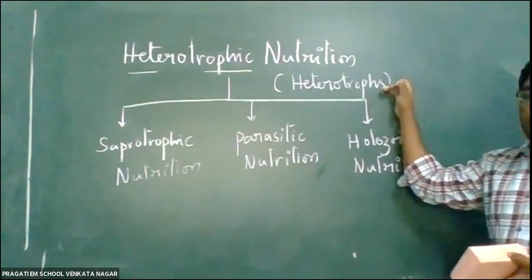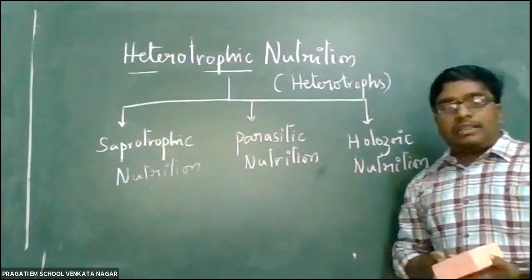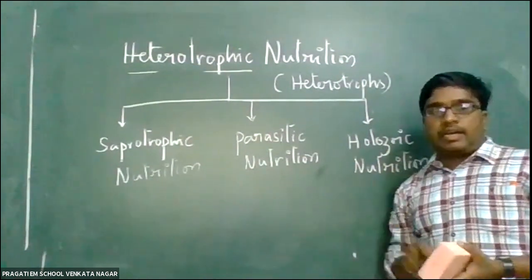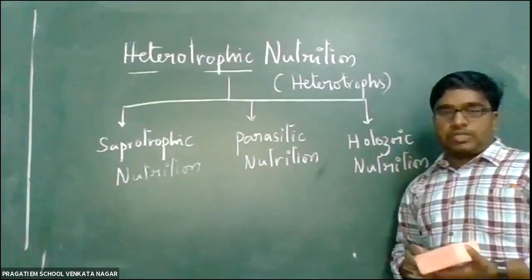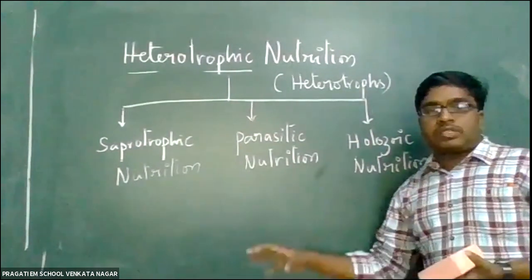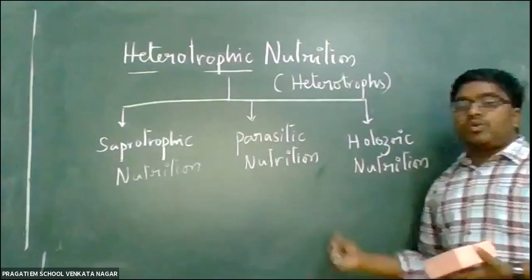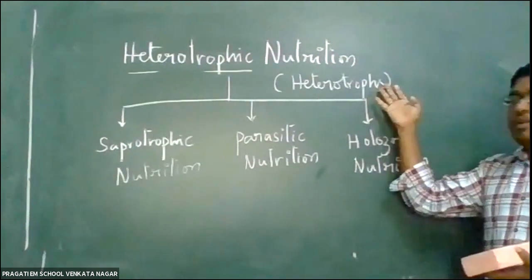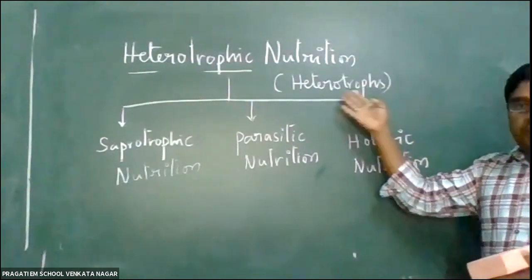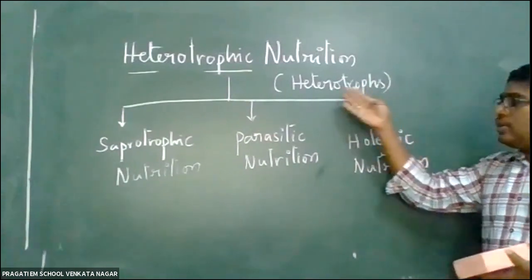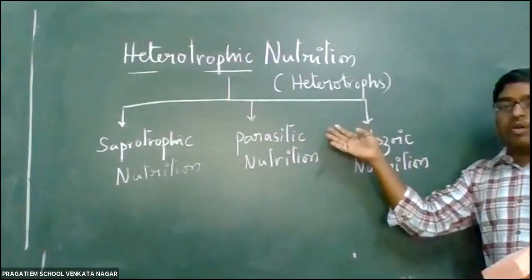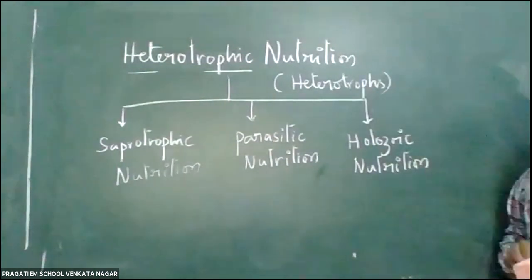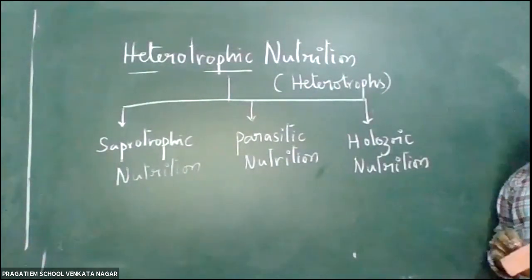Heterotrophs can obtain food from other living organisms or non-living sources, and for that reason they are called heterotrophs.